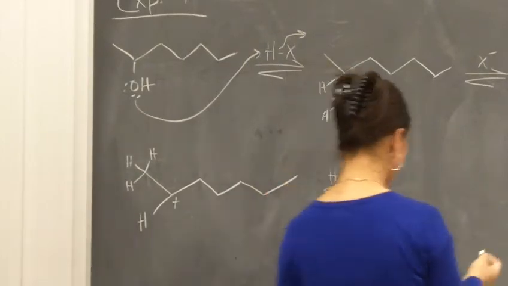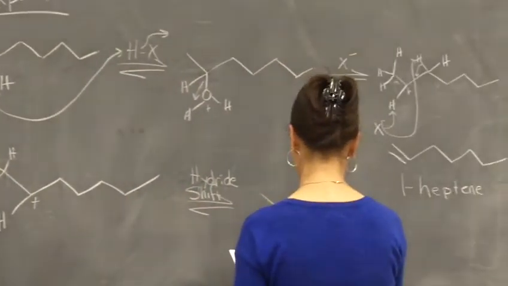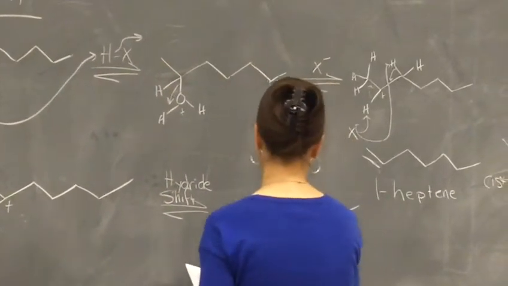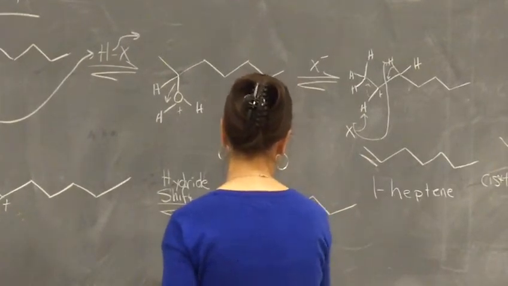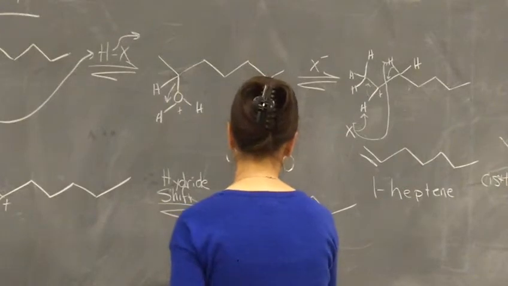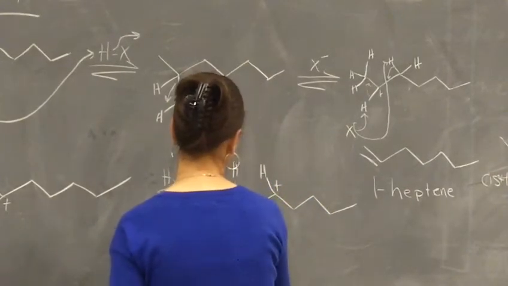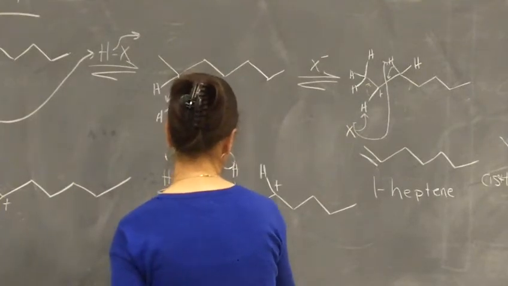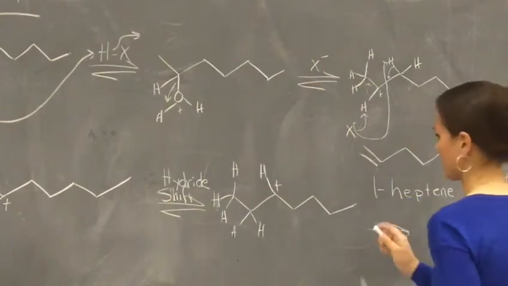And so some of you may see some of this happening with some of your products as well. So instead, we move our carbocation in here. Then we can form products.